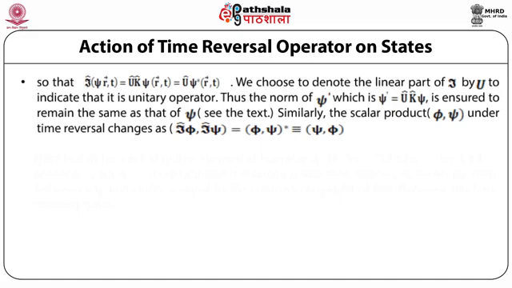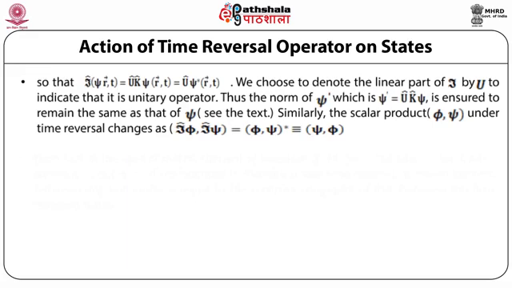And in a similar manner, one can also say that the scalar product of two functions φ and ψ under the operation of time reversal changes to the scalar product of the time reversal operator acting on φ and the time reversal operator acting on ψ. And this turns out to be equal to the scalar product of φ and ψ whole star, that is the complex conjugate of the scalar product of φ and ψ.